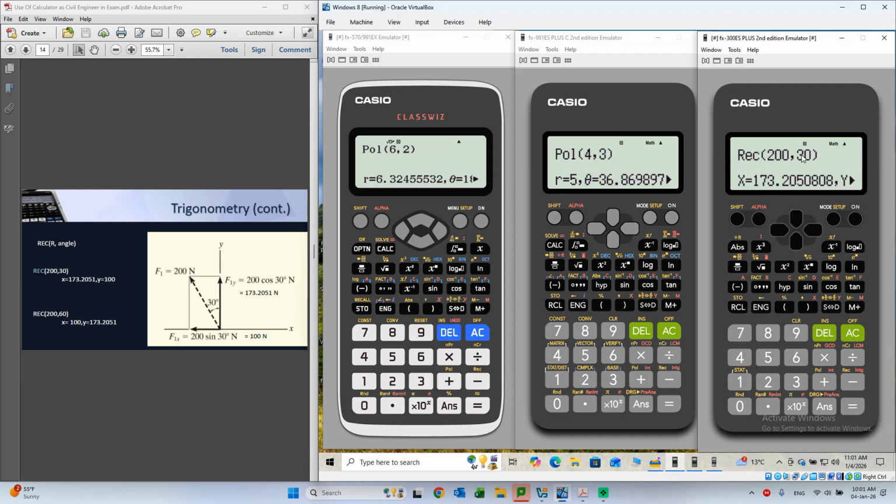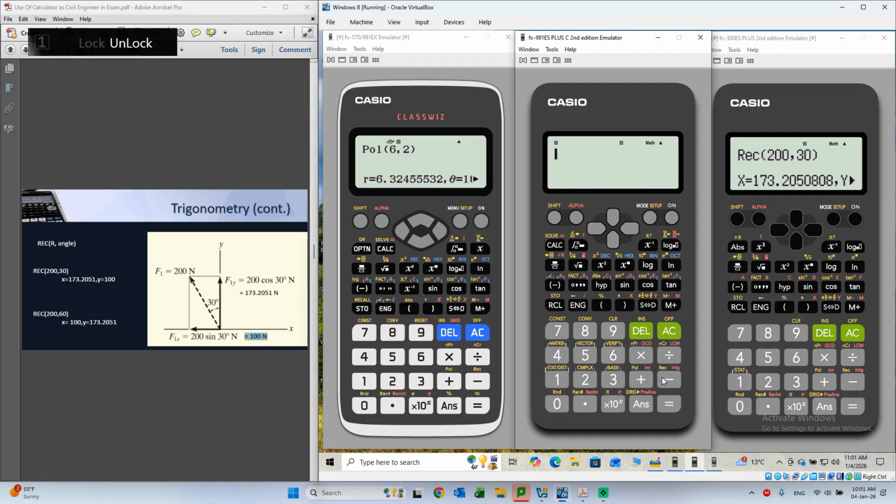So the calculator accepts this one to be the x. When I say 200, 30, indeed this is the first value, the x value in the calculator, and this will be the y value. This is important to understand.